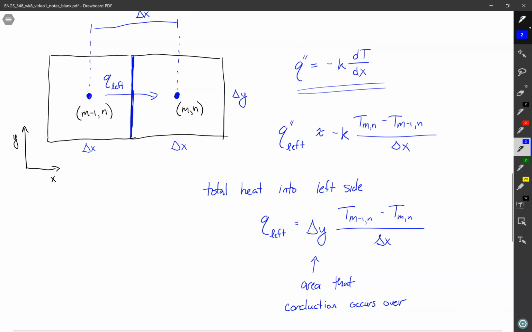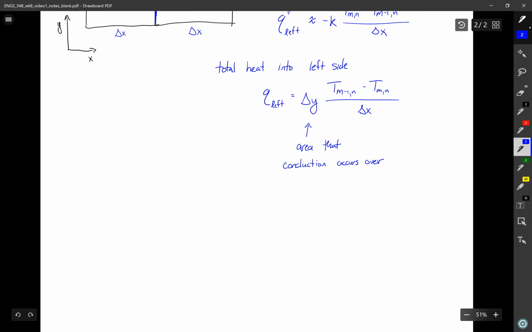So if we look at our total energy balance, if we look at all four of those sides, we could say that the change in stored energy in our box is equal to Q top plus Q left plus Q bottom plus Q right.